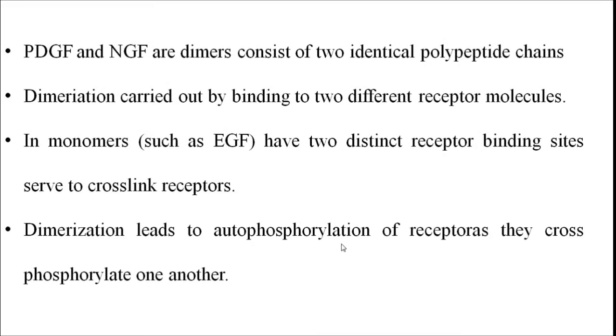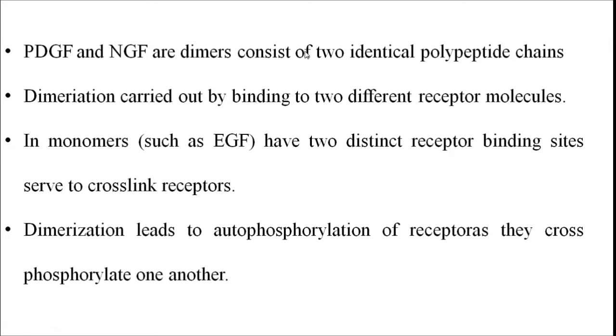So, how will the dimerization or the linking of two identical chains take place? Dimerization means binding of two different receptor molecules. If we see in case of the monomers, the example is epidermal growth factor.